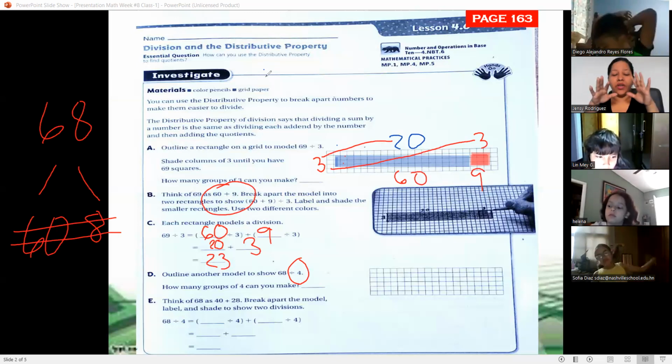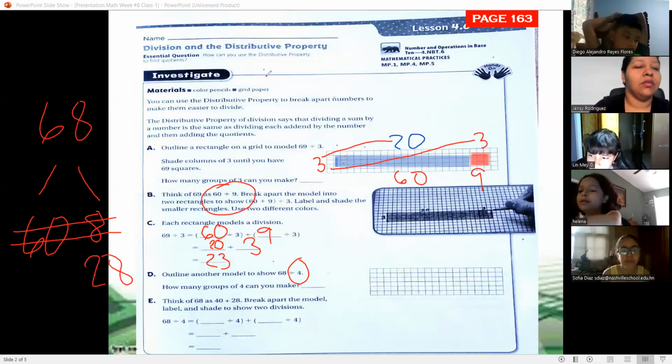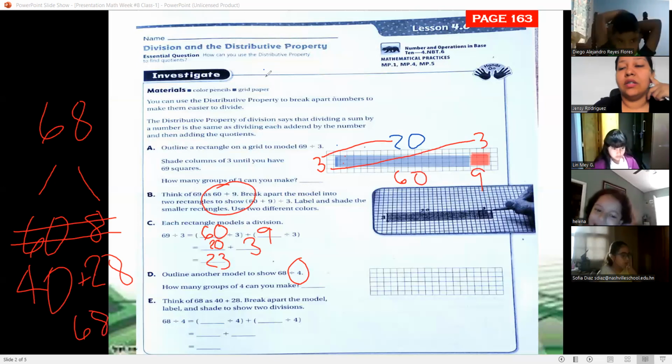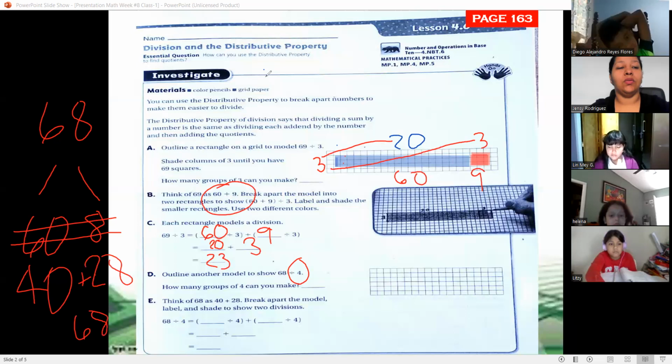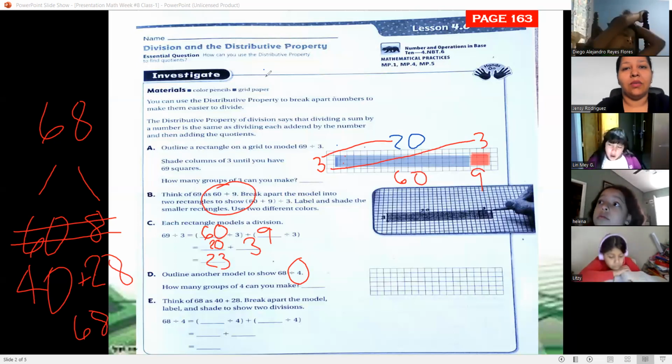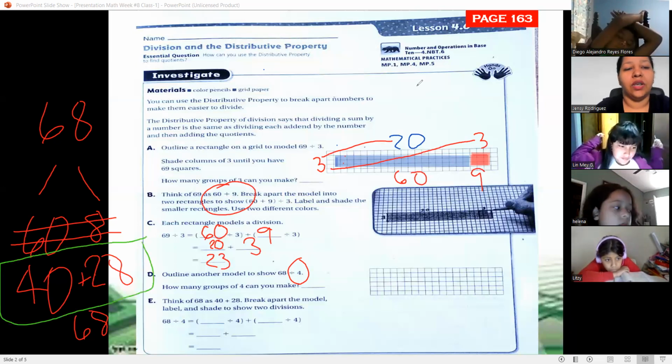Remember that I can break apart tens and ones. So what if I say 28 and 40? Because 40 plus 28 is always going to be 68, right? So we need to break it apart this way. And this is the one that we're going to be using, okay?